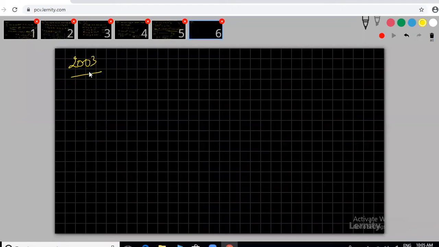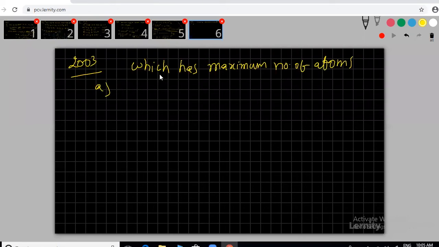All these are JEE questions only that I'm doing. Which has the maximum number of atoms? Option A, 24 grams of carbon.